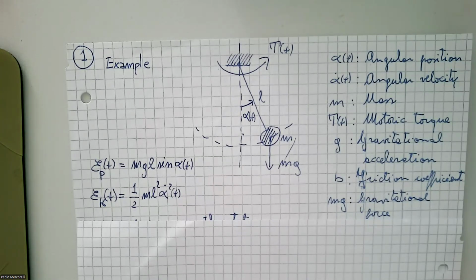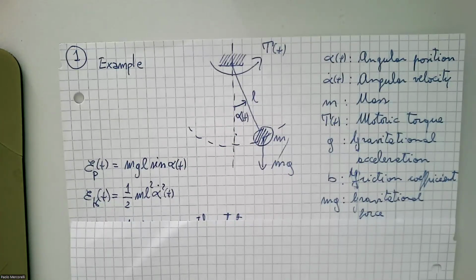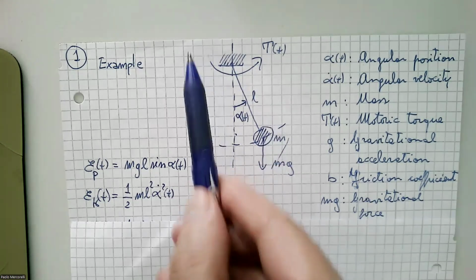This is a really complicated structure because I have to consider not only the model of this mechanical system, but also the model of the actuator, which consists of rotor, coils, everything in an electrical motor. This means we have to consider not only these two energies, I will come back on the concept of energy, but also the energy related to the actuator.